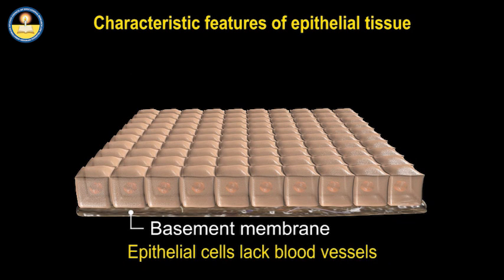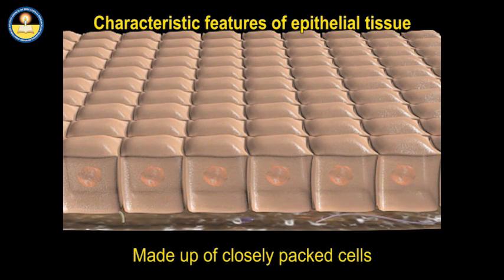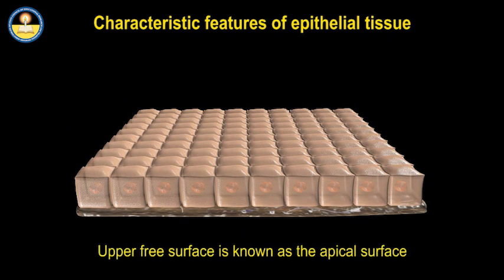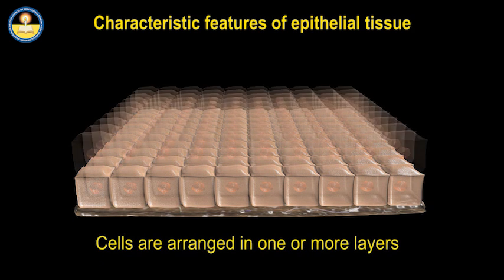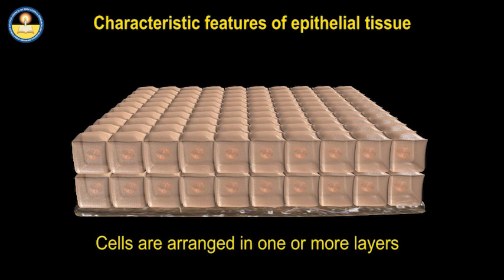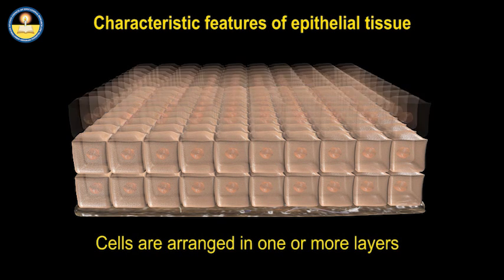The epithelial cells lack blood vessels, but they get food and oxygen through basement membrane. The cells remain closely packed. The edge of the epithelial tissue that faces the lumen or the outside is called the apical surface. The cells of epithelial tissue are arranged in one or more layers.